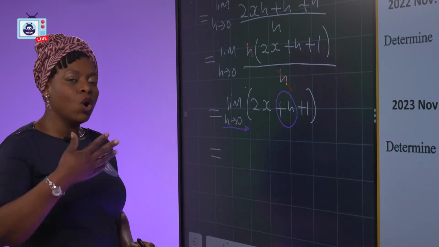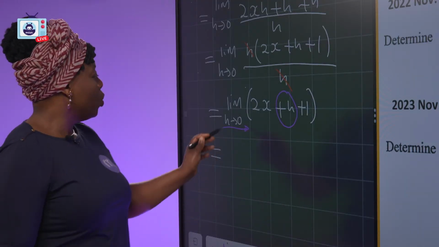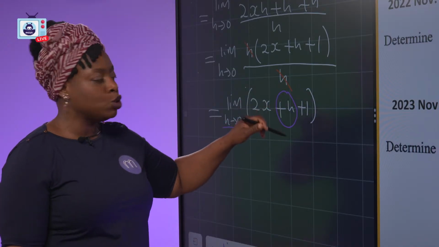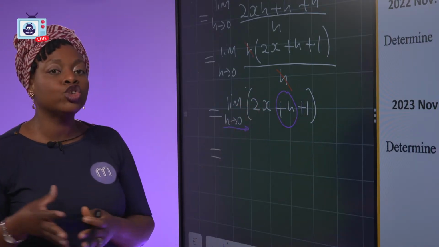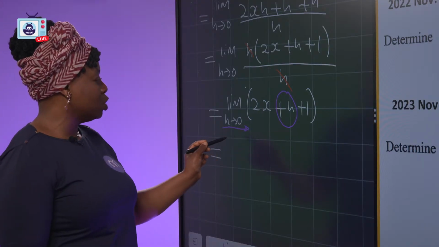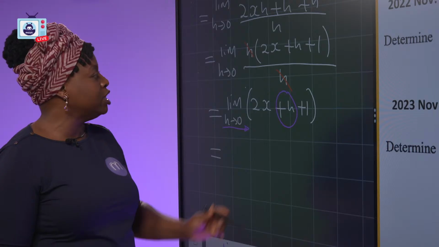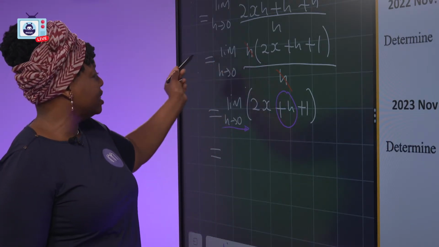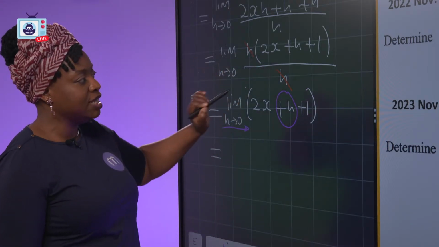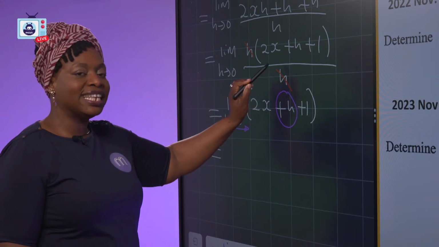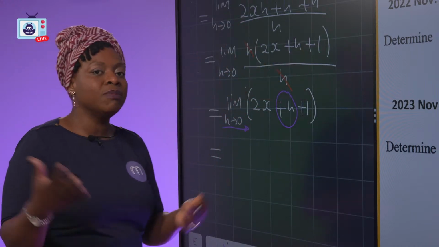So as h goes very, very near to 0, we then use that 0 to substitute the h, but we do not show that we are substituting. So every time you reach the stage where you still have h at some point, you cannot do it on this step, for example, where we have cancelled, because the moment I put 0 as h, that will make the whole statement undefined.